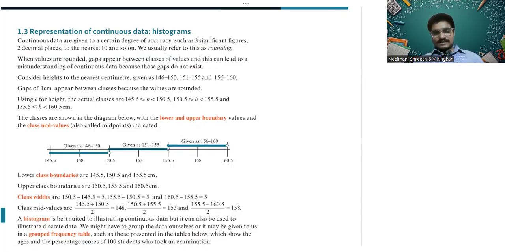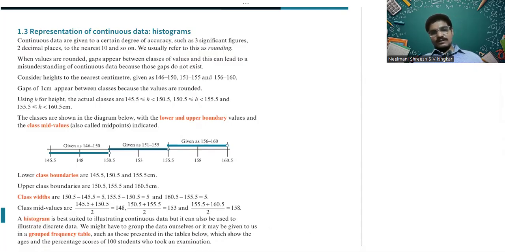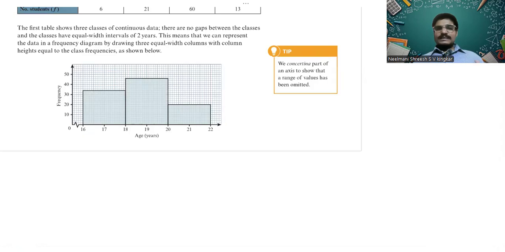So that it doesn't create an illusion, you have to take something known as frequency density. That is important because then you can easily calculate the frequency per unit of data, or per unit of area, and that gives you a clear picture.